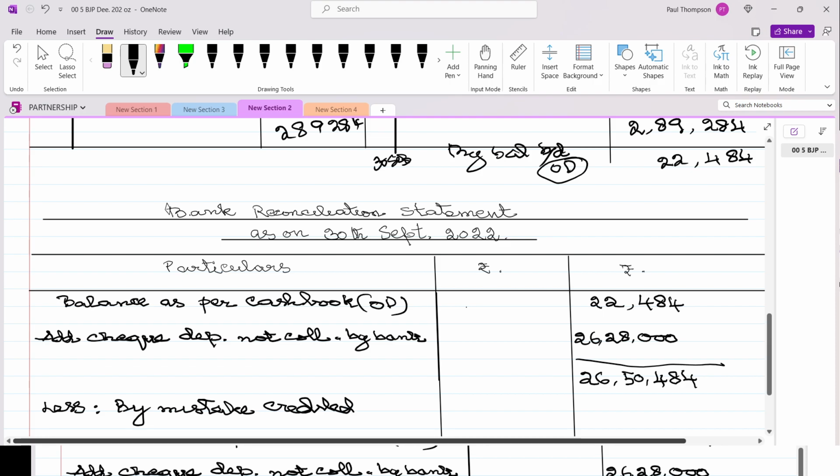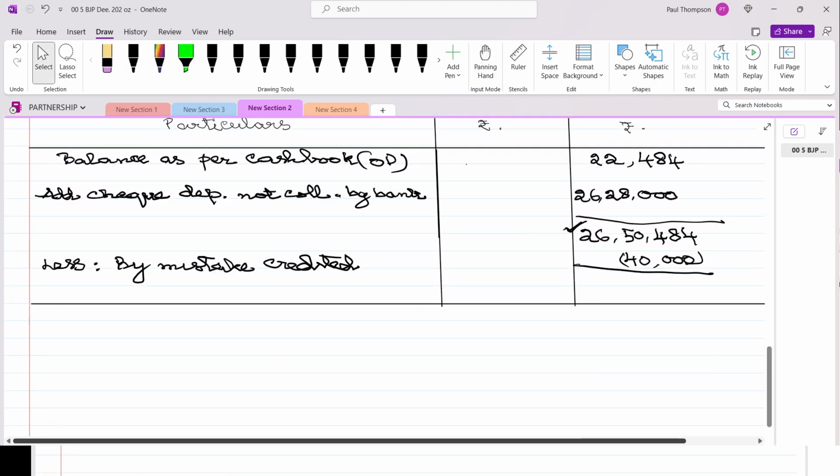So whenever we receive some amount in our account, that will reduce our overdraft balance. So this is what the overdraft balance is. You should understand, this is overdraft balance, not the normal balance. So this balance has come down to 26,10,484.